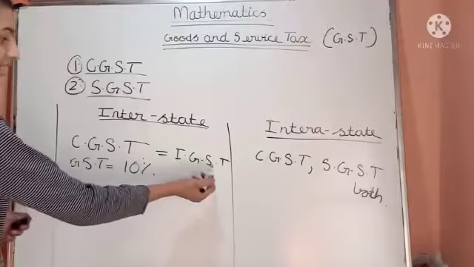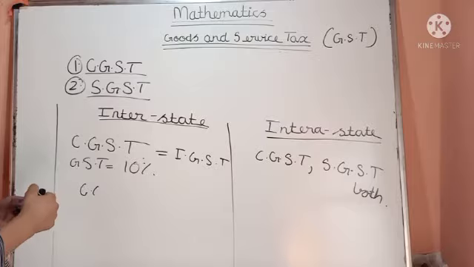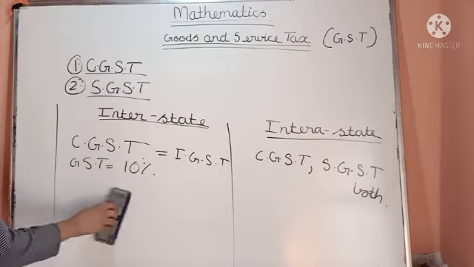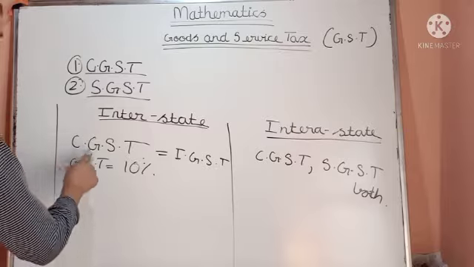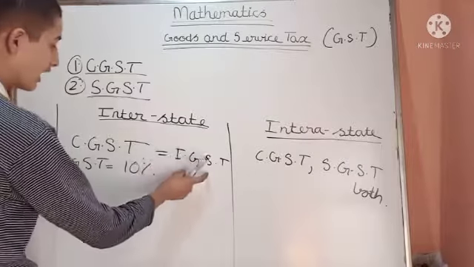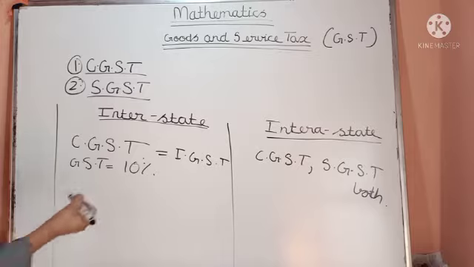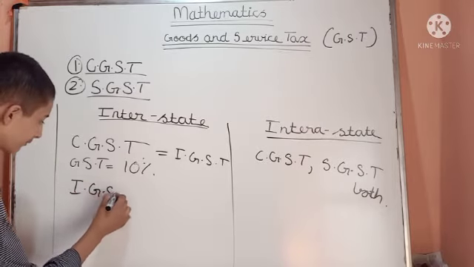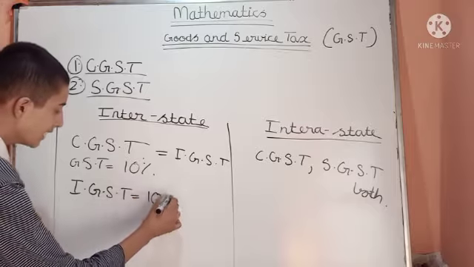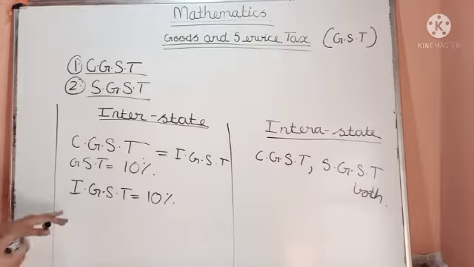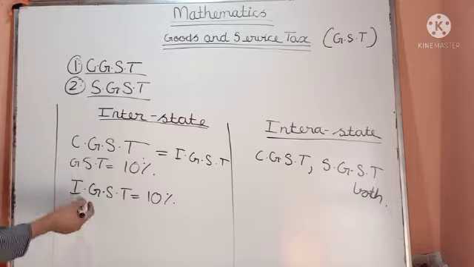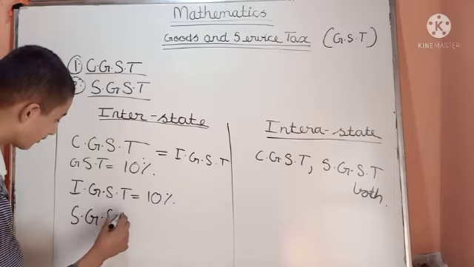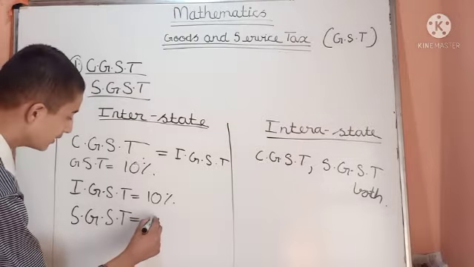It is integrated goods and service tax. Instead of writing CGST here, we write IGST. In the exam, if you write CGST, then also it's okay, or if you write IGST, then it is best. So IGST paid will be the complete 10%, and SGST paid will be rupees 0, null.